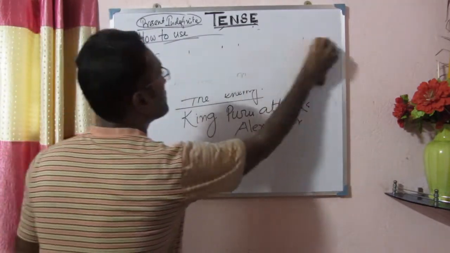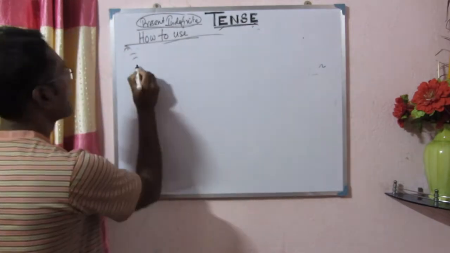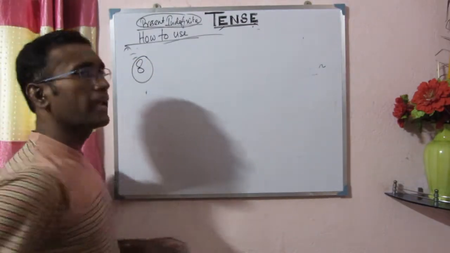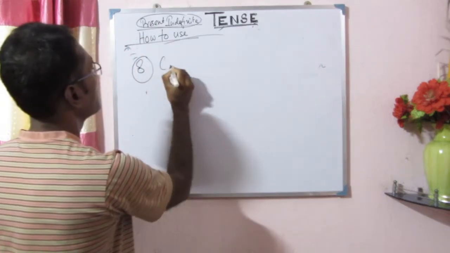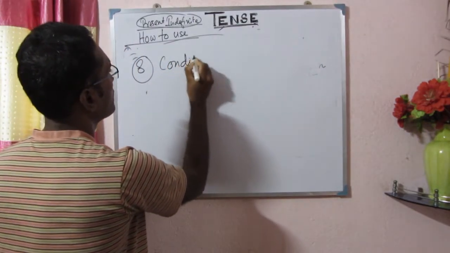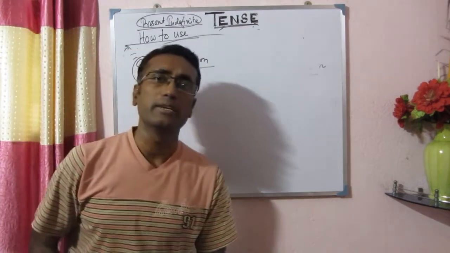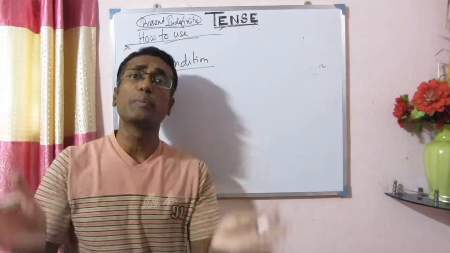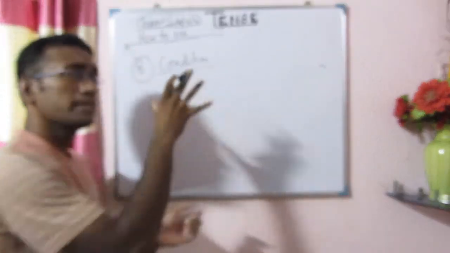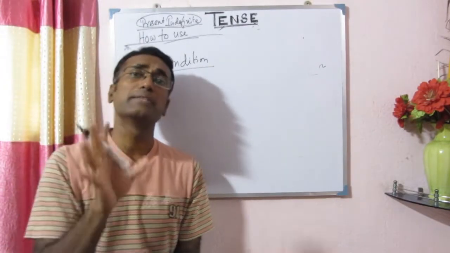Rule number 8 is certain condition. So when there is some condition, so it's a conditional sentence, then this sentence has two parts. One part is in your future indefinite tense and the other part is always in present indefinite tense.